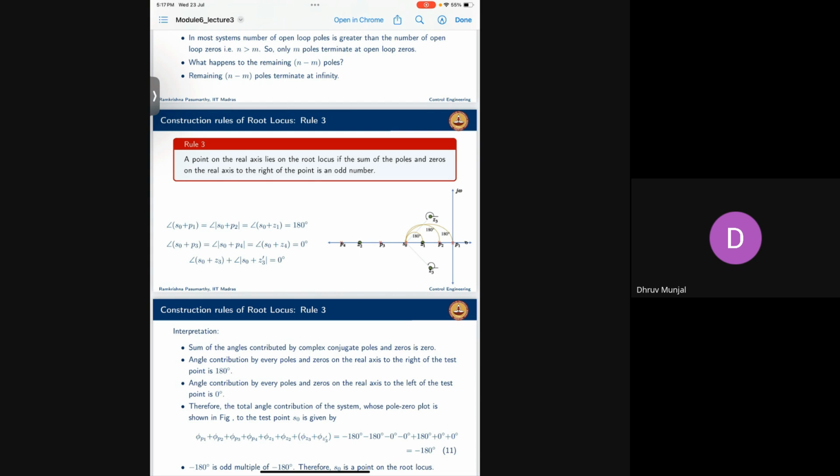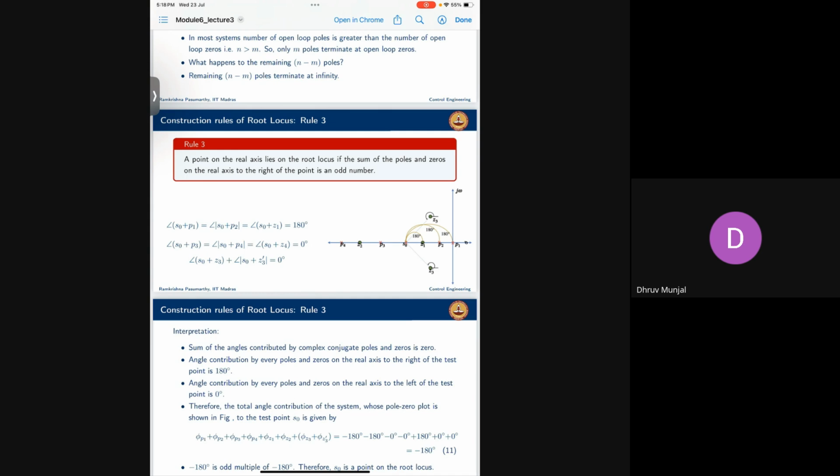And one important catch here is if you have poles that are complex conjugates, for example, minus 1 plus 2j and minus 1 minus 2j, or minus 2 plus 2j and minus 2 minus 2j. These are complex stable poles, in the left half of the S-plane.